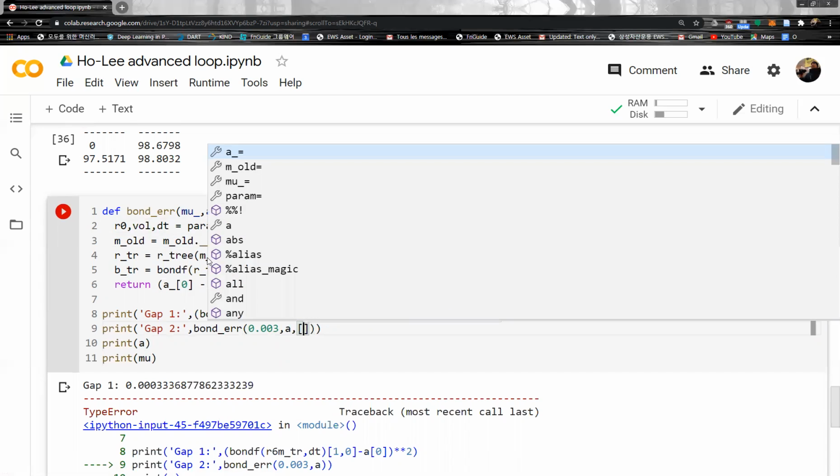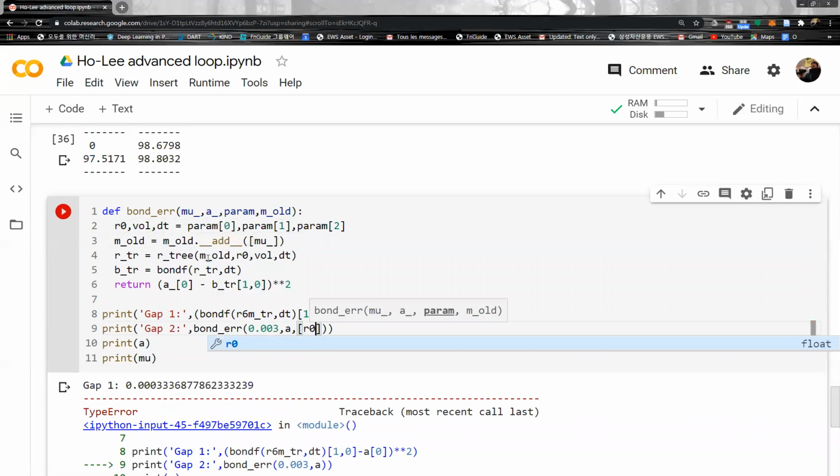Parameters such that R0, volatility, and DT, okay?